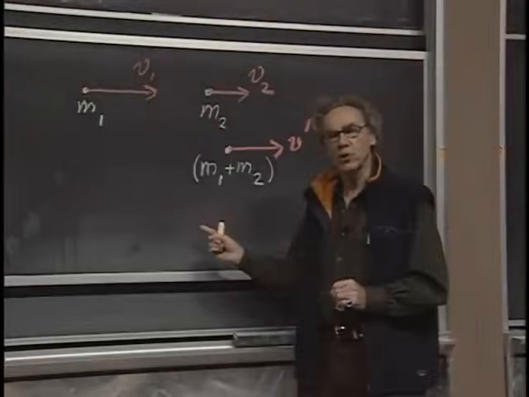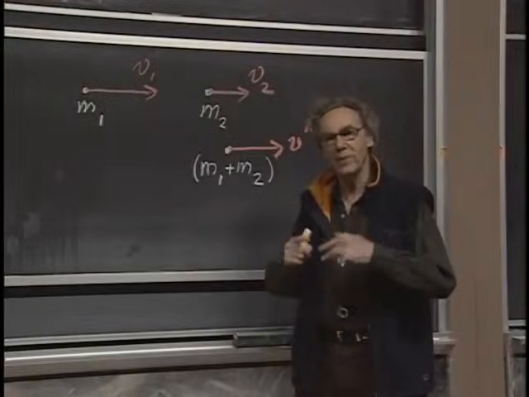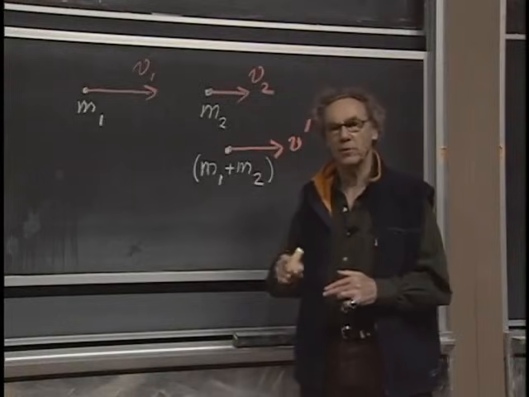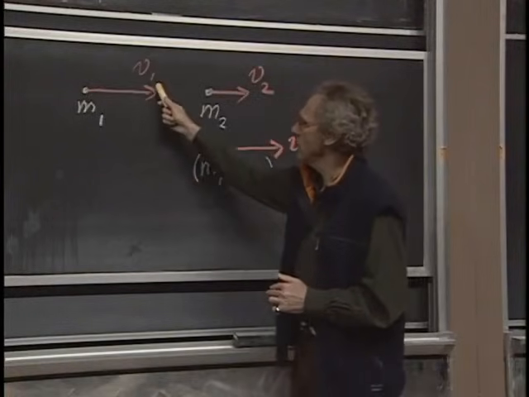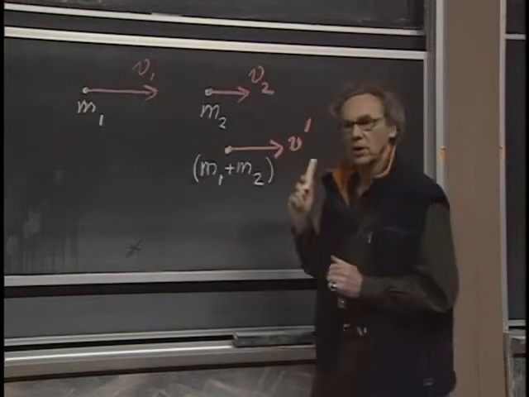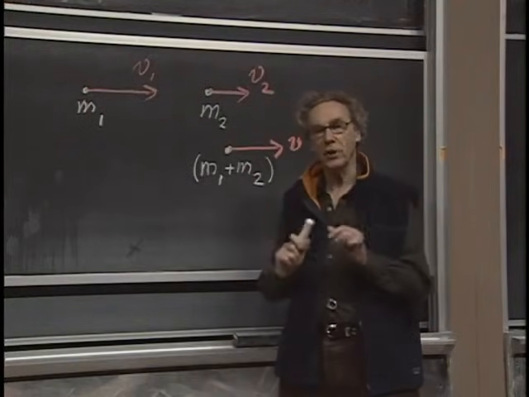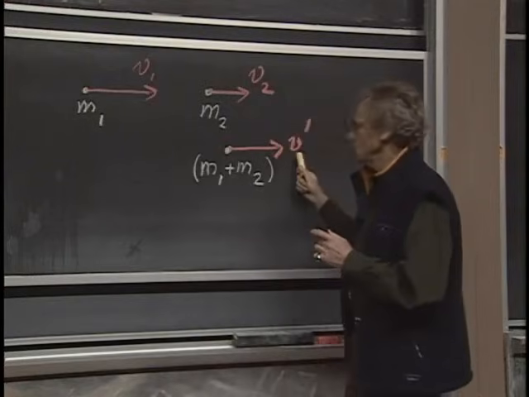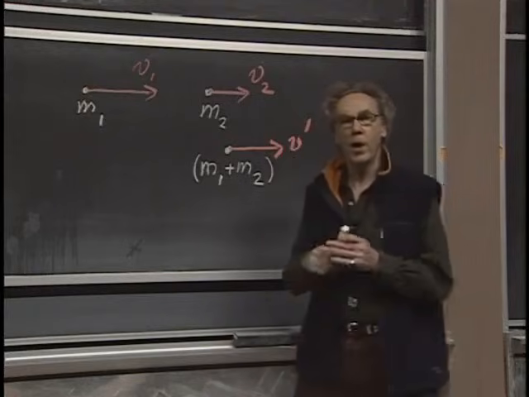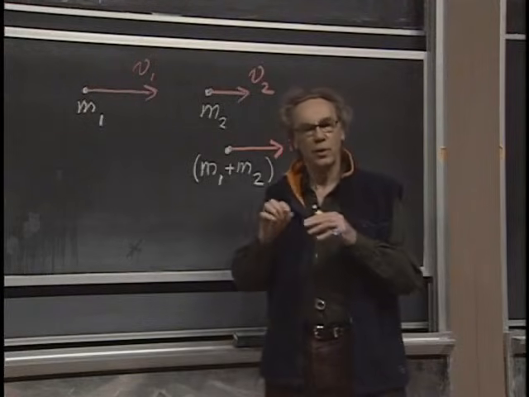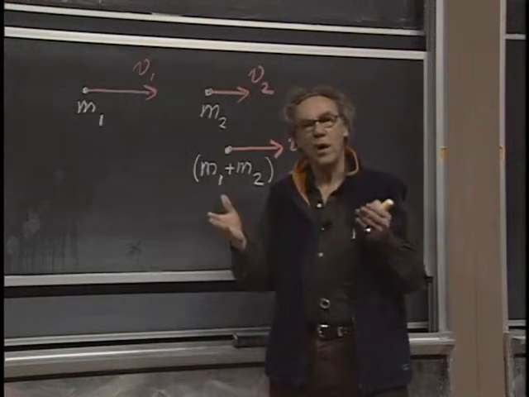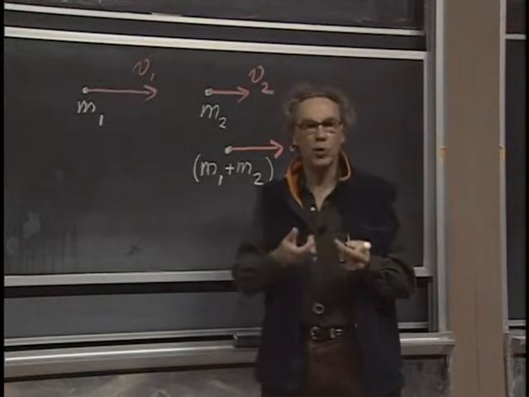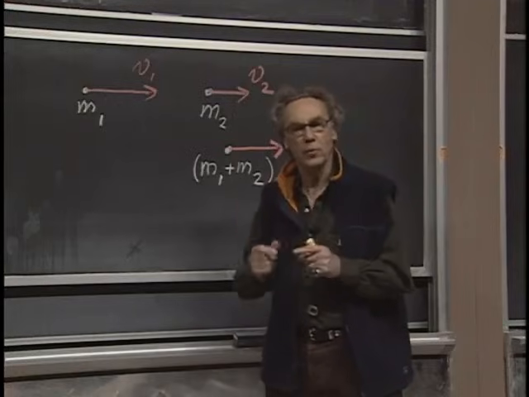When we deal with collisions, the velocities of the objects before the collision are unprimed. You see here v1, and you see here v2. Now the velocities after the collision, by convention, are primed. You see here a v prime. Now if after the collision, object 1 and object 2 have a different velocity, we would call them v1 prime and v2 prime.